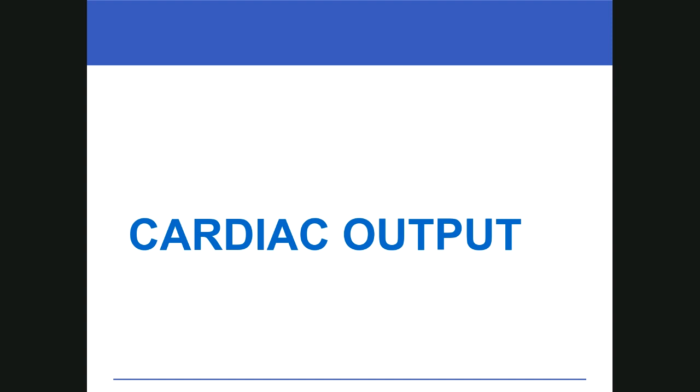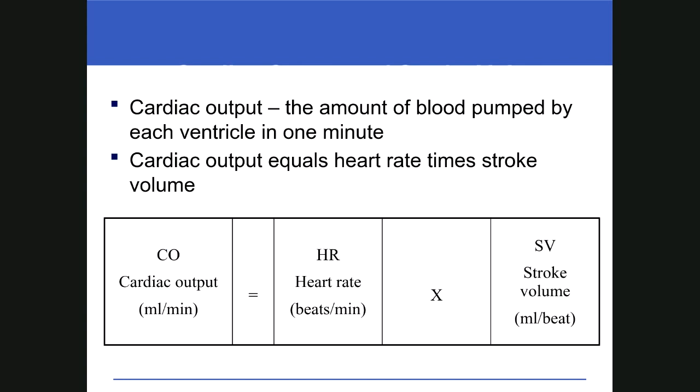It's called cardiac output. So cardiac output is the amount of blood that's pumped by a ventricle every minute. In other words, how much blood comes out of the heart every single minute. Well, we already know how much blood comes out with each beat. That's the stroke volume.